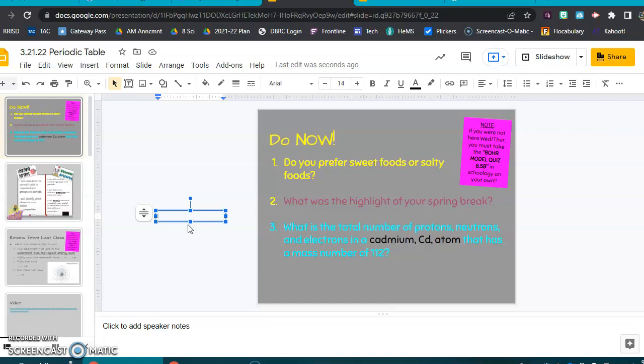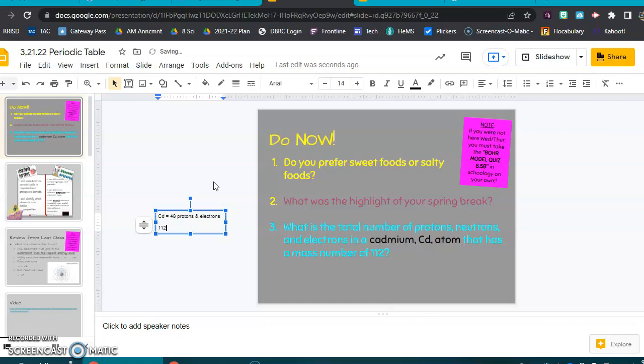And what is the total number of protons, neutrons, and electrons? Well, when we look on our periodic table, cadmium has 48 as its atomic number. So that's the same as the protons and electrons.